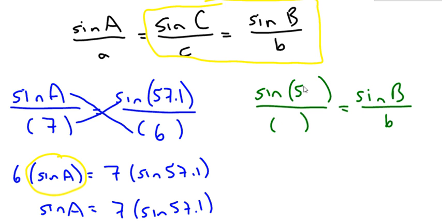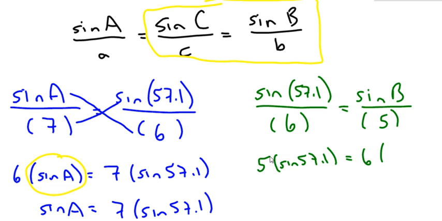And this was 57.1. This was 6. Oops. See, I messed up right there. I know that the measure of side B is 5. So now I'm going to cross multiply. So 5 times sine 57.1 is equal to 6 times sine B. So isolating sine B means divide by 6.